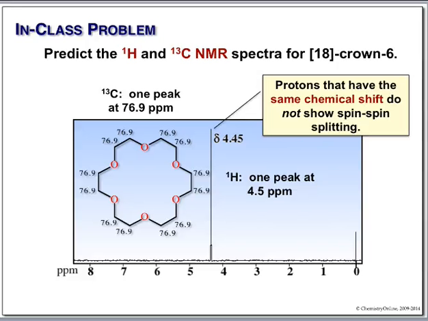Now this is a little more sophisticated than we've done in the past. But again, if they have exactly the same chemical shift, they are always magnetically equivalent. And if they're magnetically equivalent, they don't couple. Any questions?